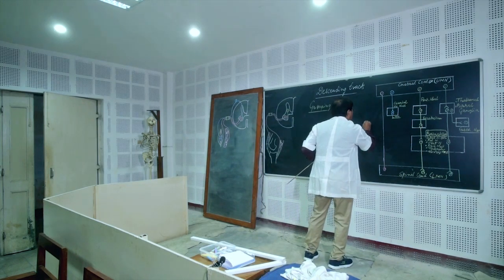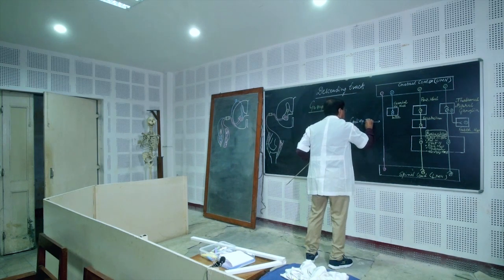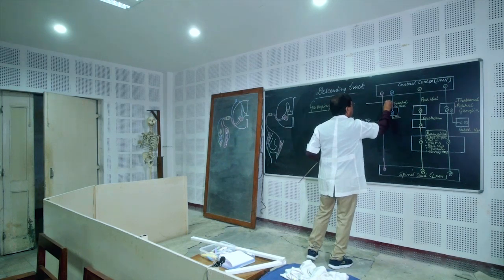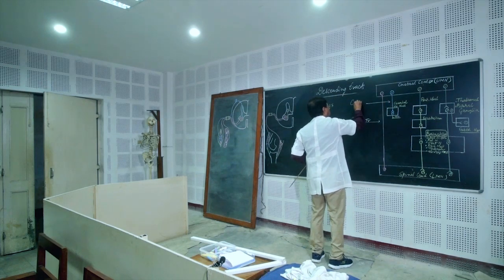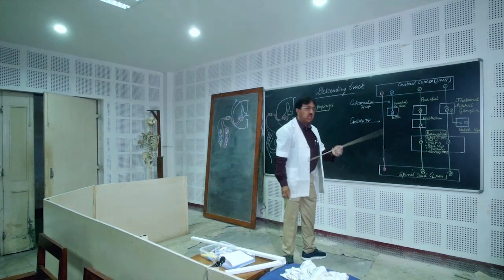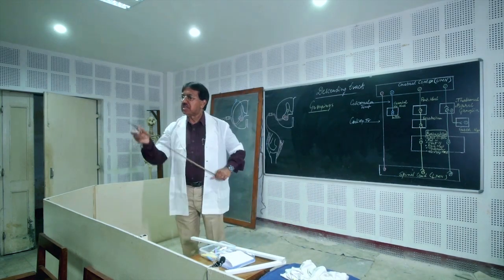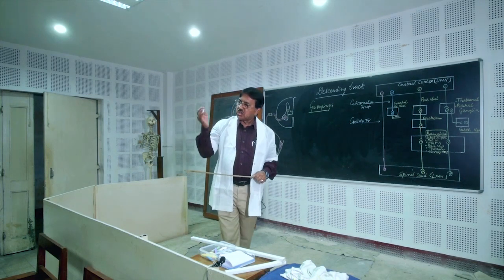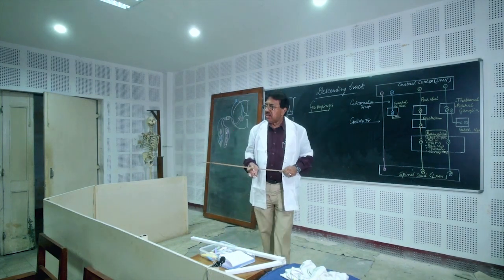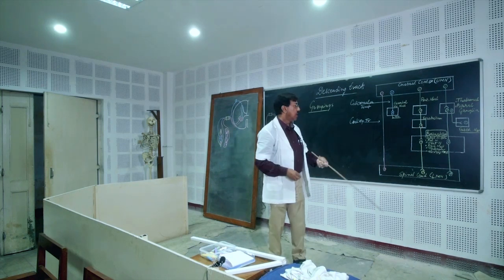So this is the corticospinal tract, and this one is the corticonuclear tract. It is also like the corticospinal tract projecting into the lower motor neuron, which is not in the spinal cord but above the spinal cord in the motor nuclei of cranial nerves.